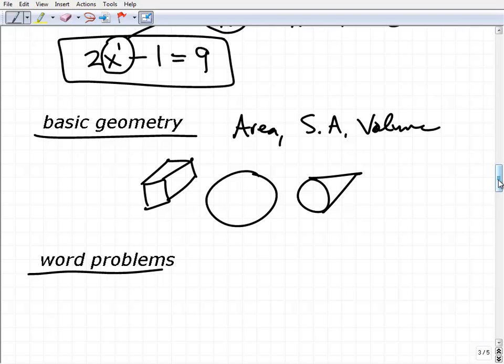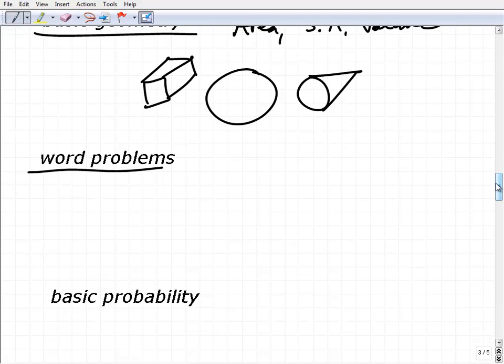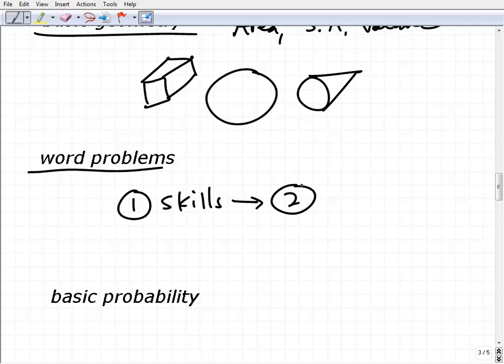Okay, word problems. So word problems are essentially an application of all these skills. I'm not even going to draw out an example, I can't think of one off the top of my head. But we all have a sense of what a word problem is. The thing about word problems is you have to practice them. So essentially, one, you're going to have these skills down, and then two, to get ready for this, there's no other way to get around it.